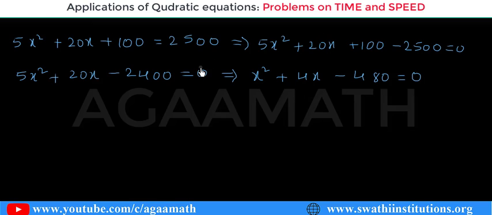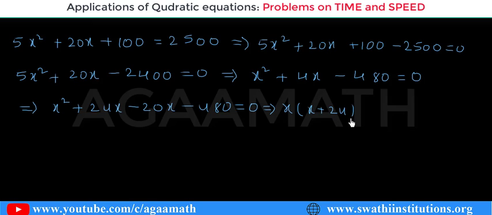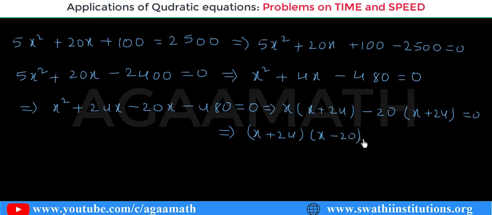Now if I factorize, what I get is x square plus 24x minus 20x minus 480 equals 0. In the first two terms x is common, and in the last two terms minus 20 is common, so it becomes x plus 24 times x minus 20 equals 0.